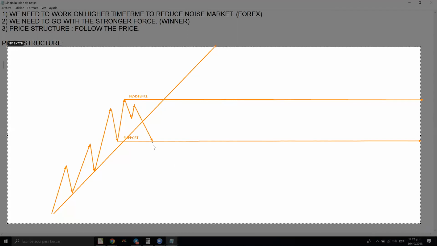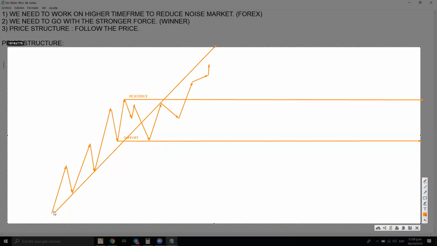And when he makes this, he breaks the trend line and the support. It's possible that he's changing direction, or he broke all the bullish structure. But if the price makes something like this, breaks the trend line, but he doesn't break the support, he could continue making the bullish trend.